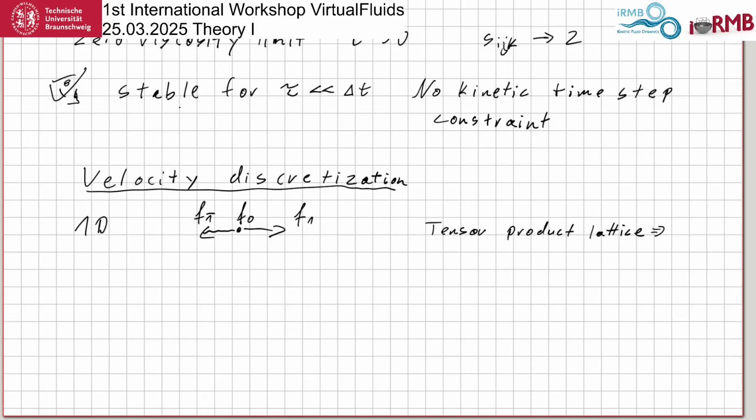We call this thing 1D, and we have 3 speeds, D1Q3, and now we go to D3Q3 by 3, so this would be D3Q27. And the thing looks like this.